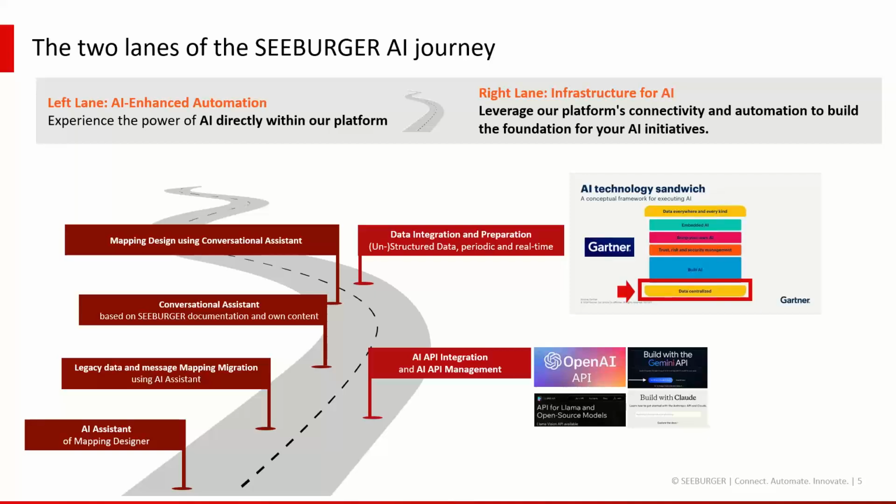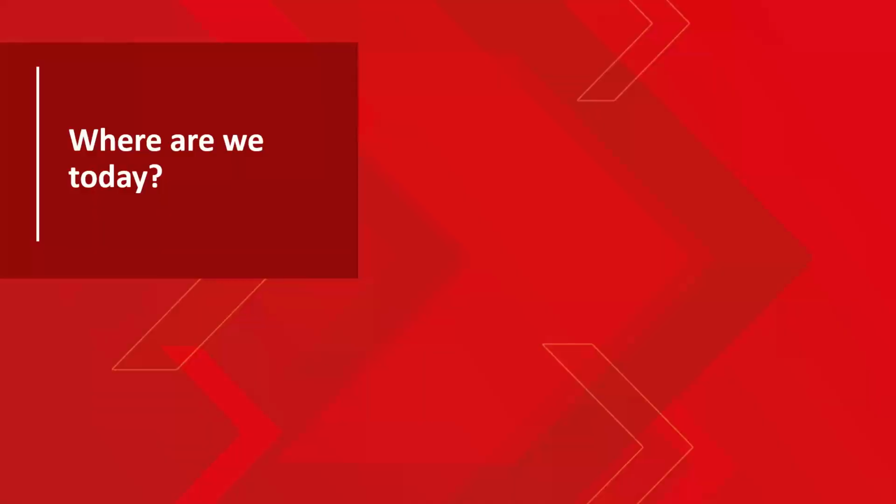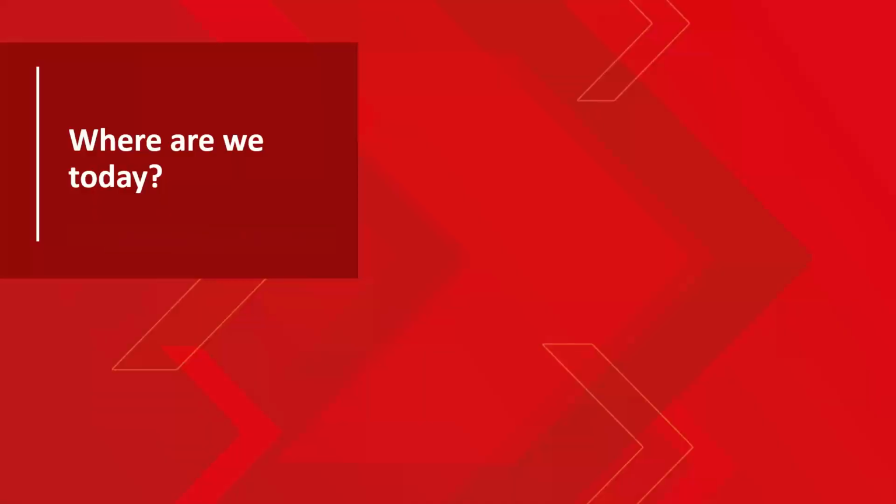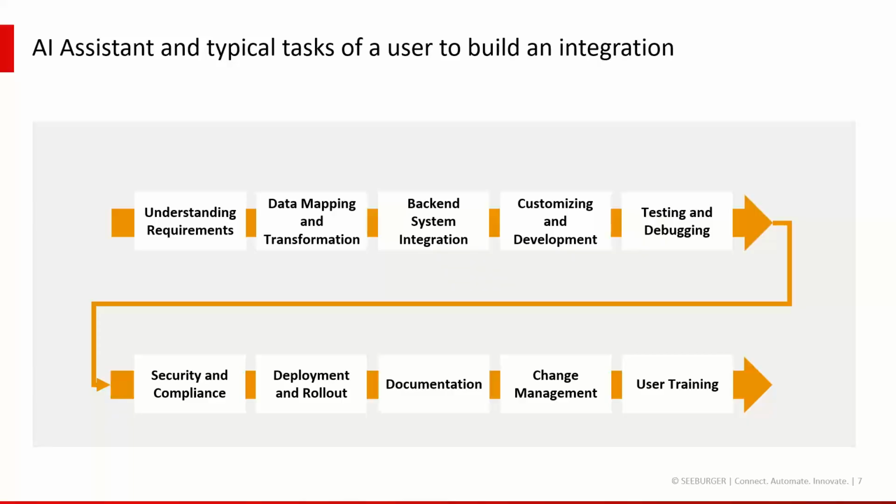But today we are focusing on the left lane, and just a recap, where are we today? As some of you know, having visited our sessions before, we are extremely focused with a UX-driven initiative to understand how our users work to do their day-to-day tasks.